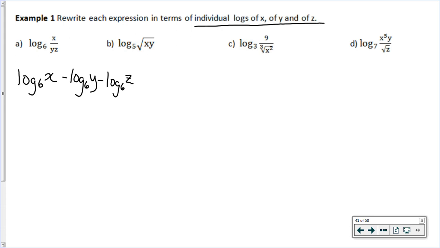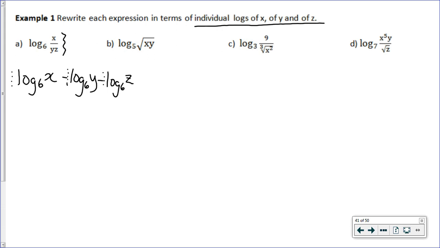Another way to think about this is that in this expression up here, the power on x is positive 1. So there's like an invisible 1 here. And on the y, if that's in the denominator, its power is really negative 1. So there's a negative 1 in front of that. And same thing here. So that's another way to help us think about that.